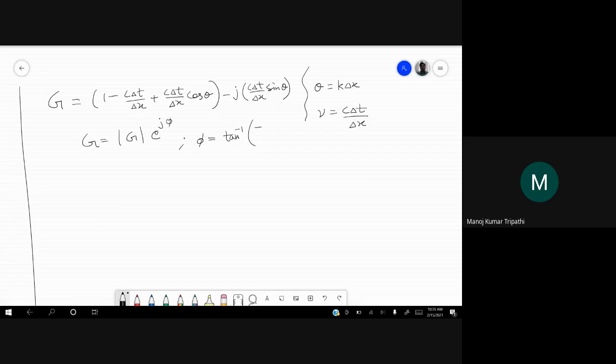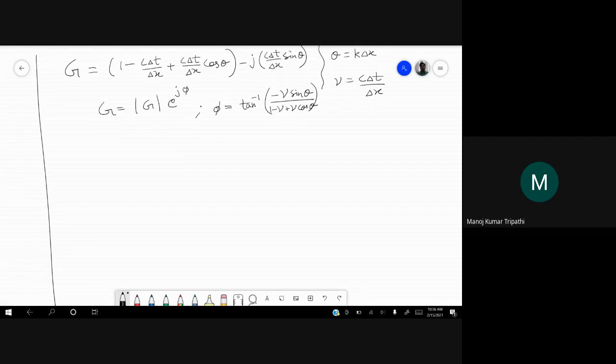So phi is minus nu sine theta by 1 minus nu plus nu cos theta. Okay, this is the angle, and mod G is the magnitude.